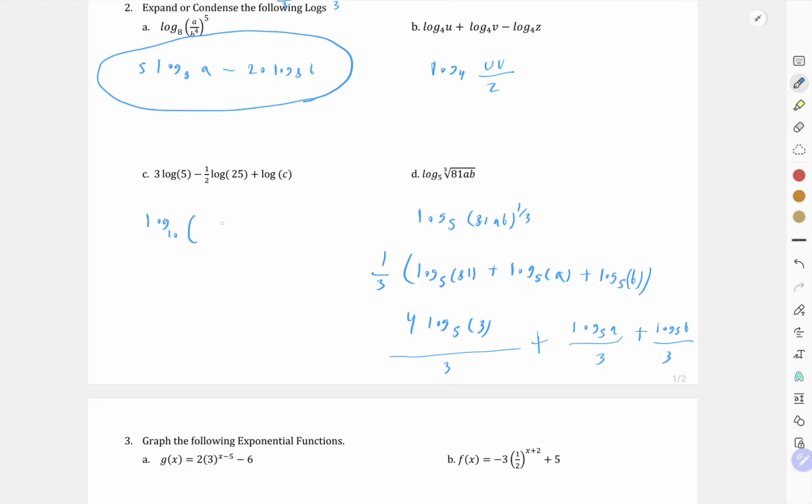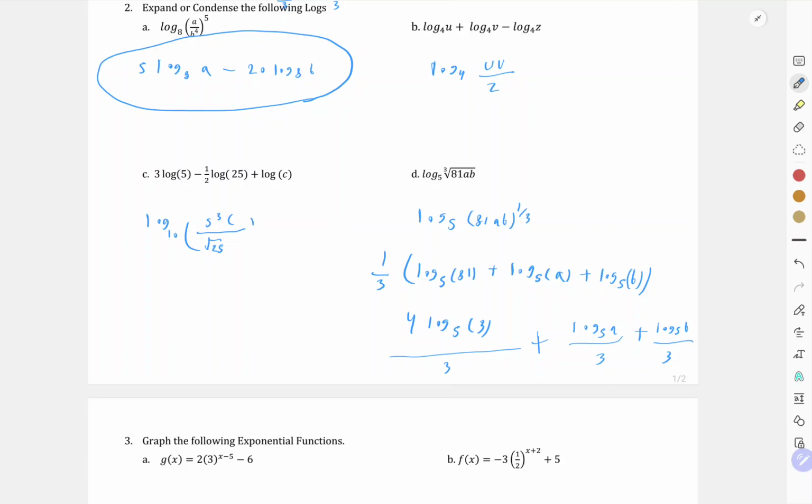In some scenarios it will change, but let's go about this. So here we have an exponent, 5 to the power of 3, over our negatives. So we have a root of 25, and we have a C.